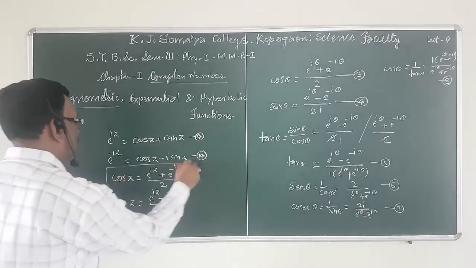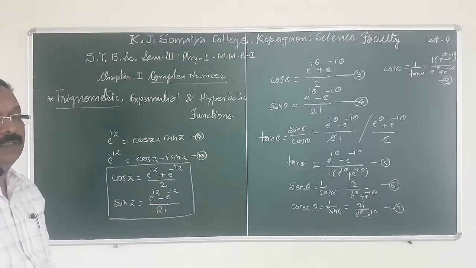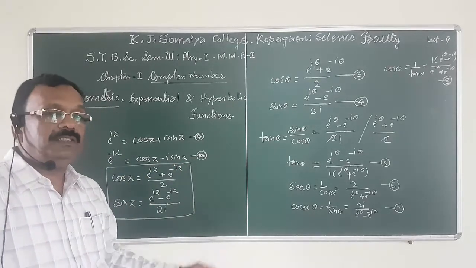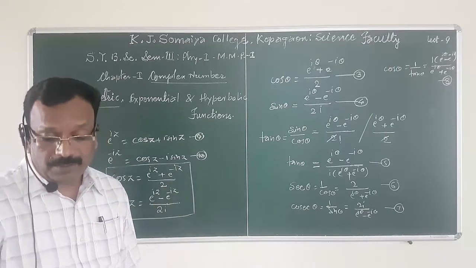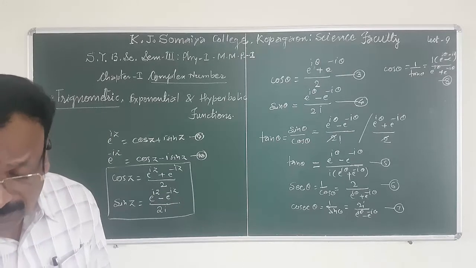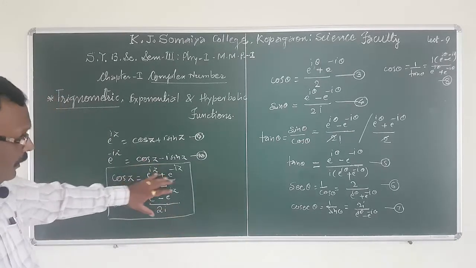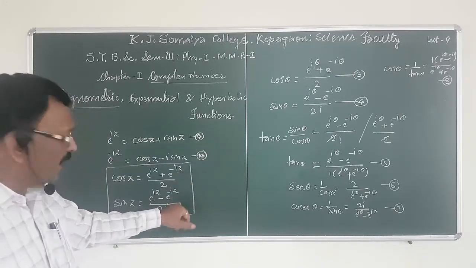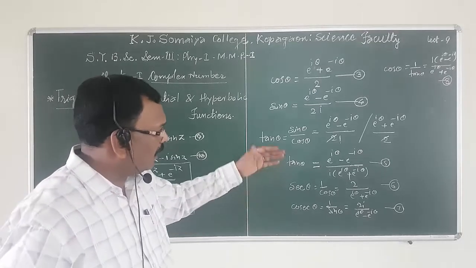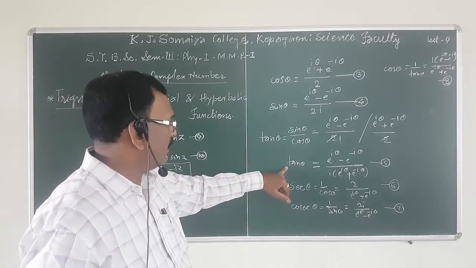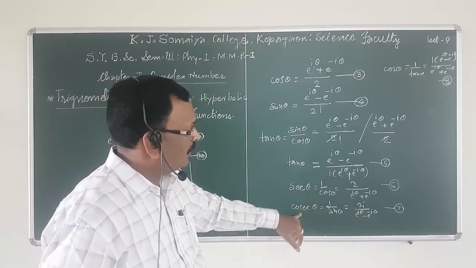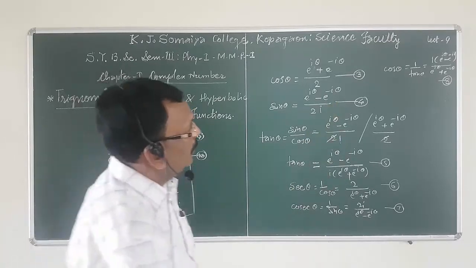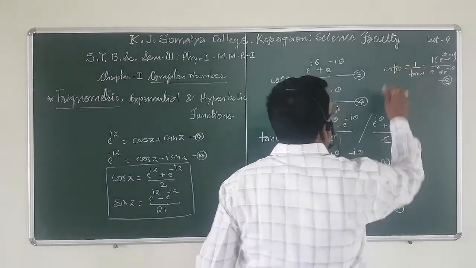These are two trigonometric functions which are related to the complex variable z. Now, in a similar way, from this we can obtain other trigonometric functions related to complex number z, that is tan z, sec z, cosec z and cot z.